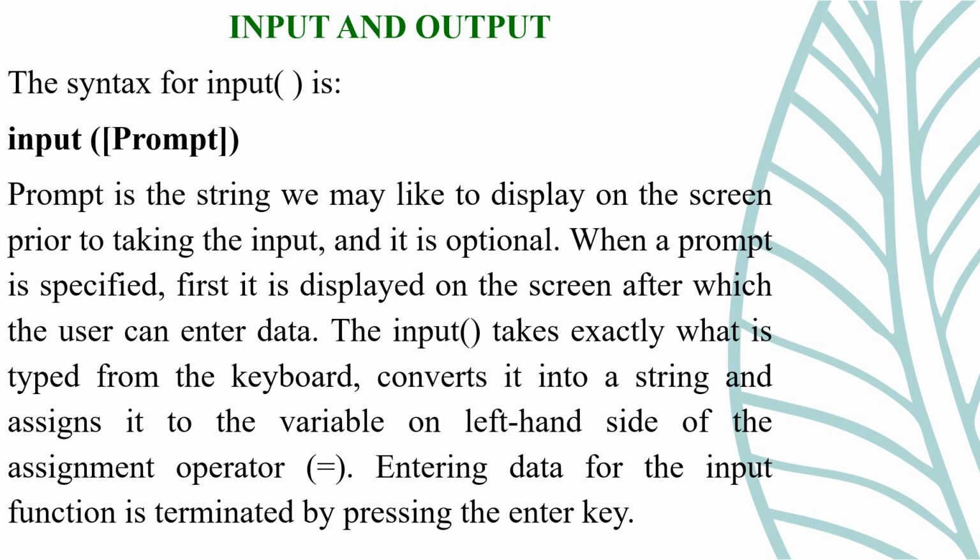After a prompt message is displayed on the screen, the user will enter the value. Whatever value the user enters through the keyboard, that is typed from the keyboard, is converted into a string, and that is assigned to a variable on the left hand side of the assignment operator equal to.